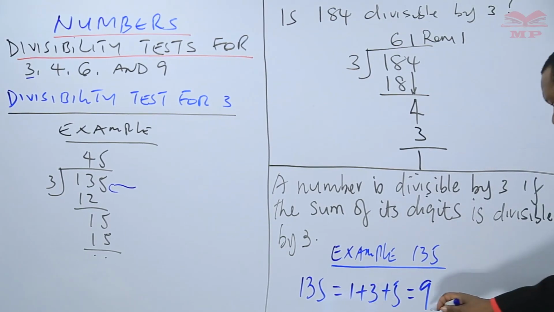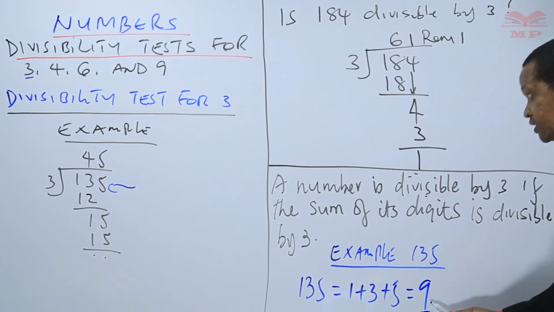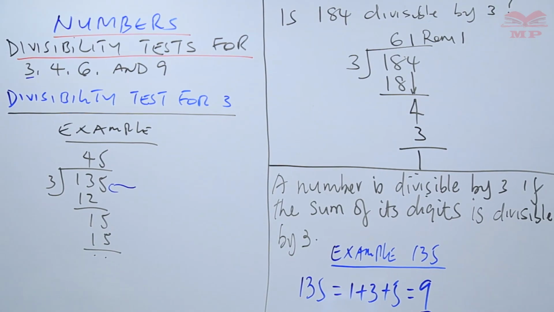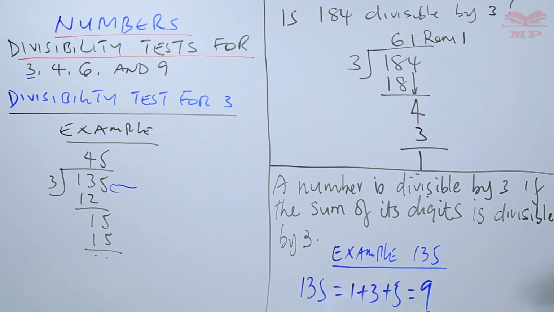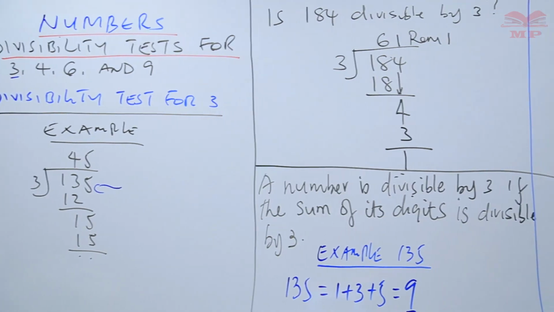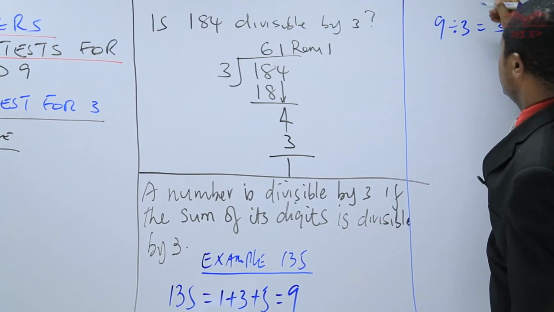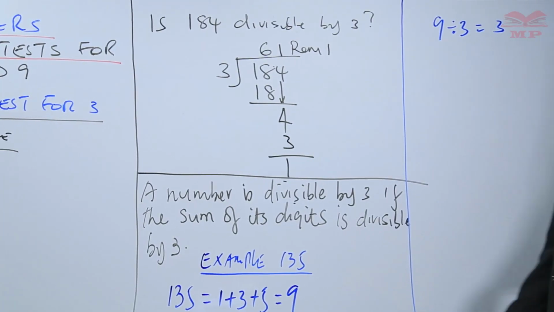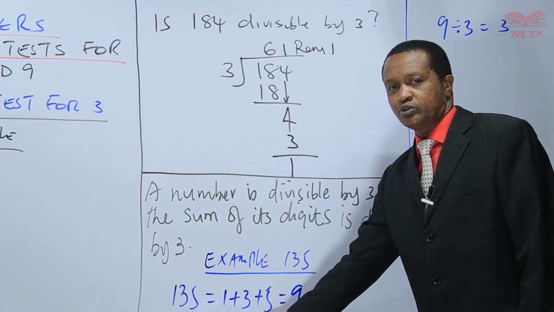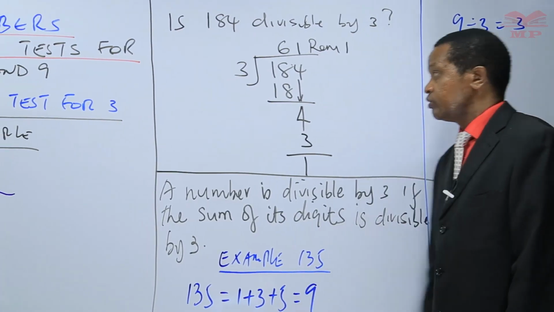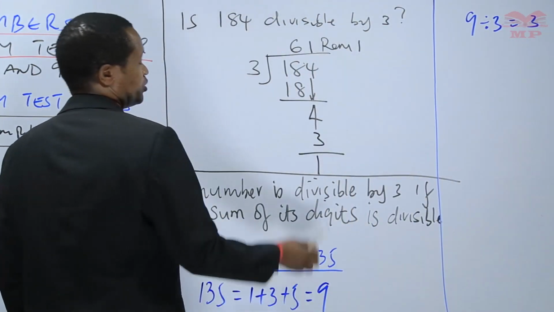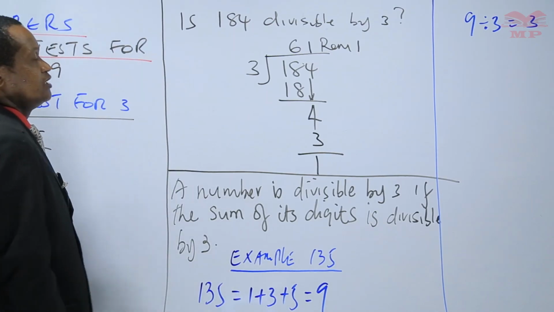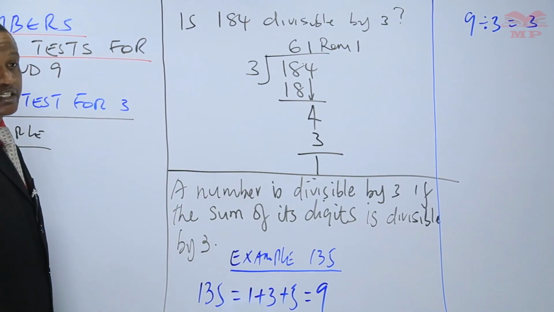Then the question now is, is this sum divisible by 3? And we all know that 9 is divisible by 3 because 9 divided by 3 is equal to 3. So that is the test that you carry out to find out if a number is divisible by 3. Now if you use the example where 184 was not divisible, we can also test.